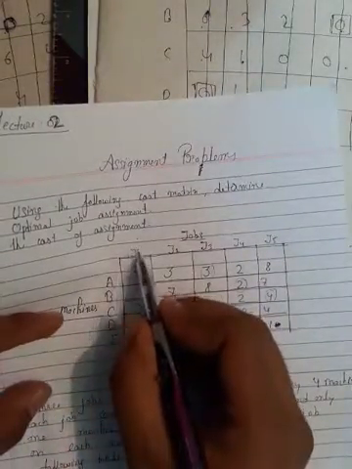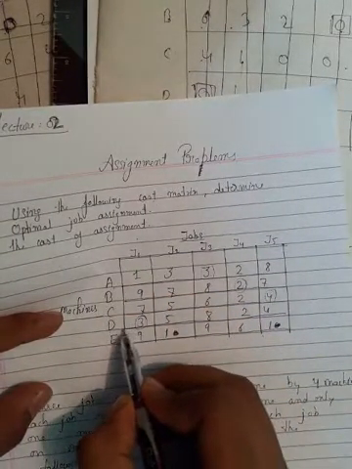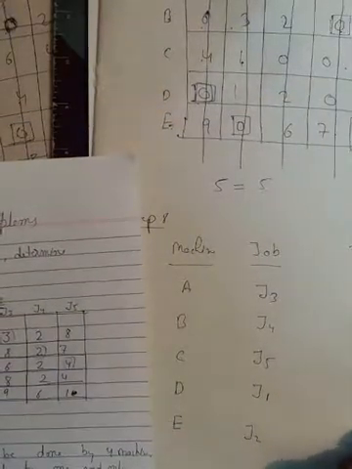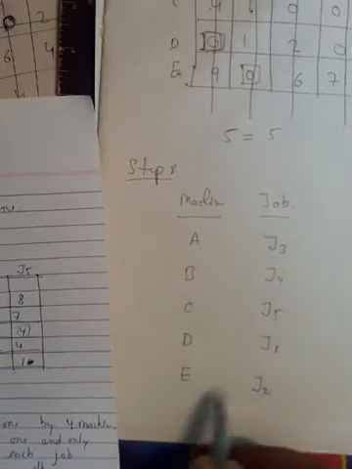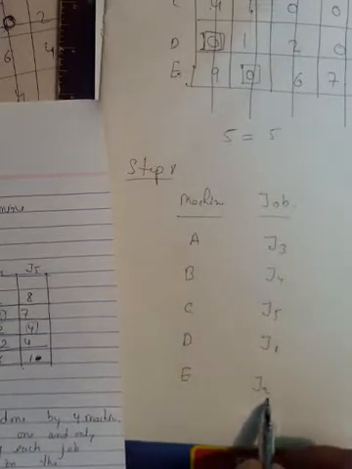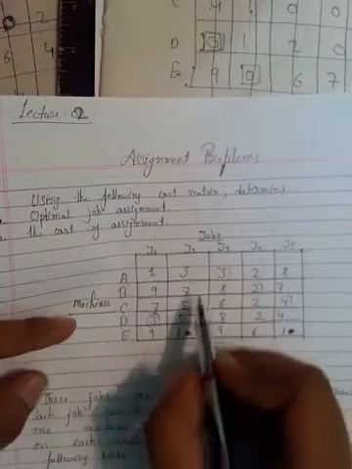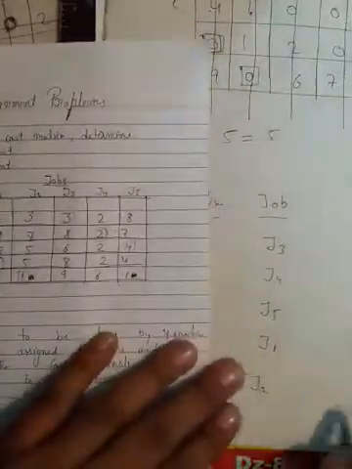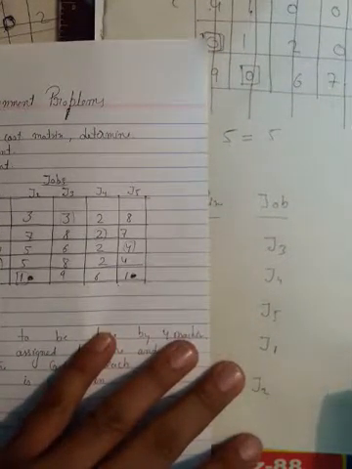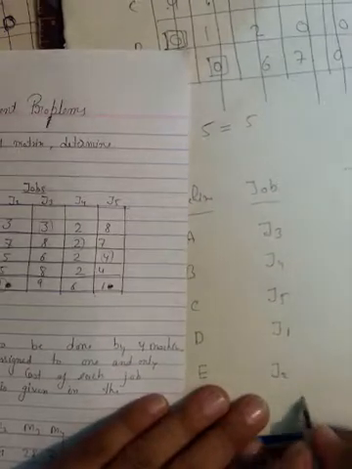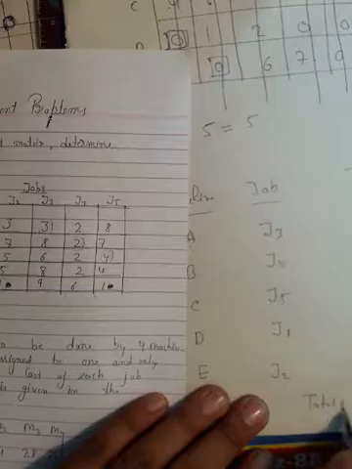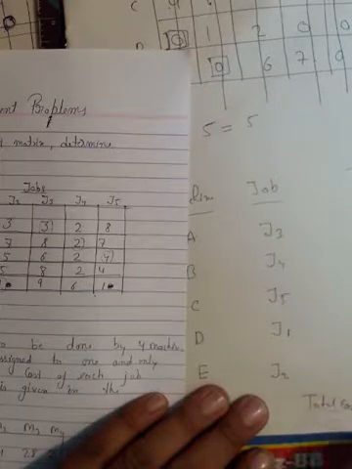For D it is J1, job 1, cost is 3. For machine E, job 2 is done, time taken is 1, write it here: 1. So count it: 3, 2, 5, 4, 9, 3, 12, 1, 13. So the total cost is 13.